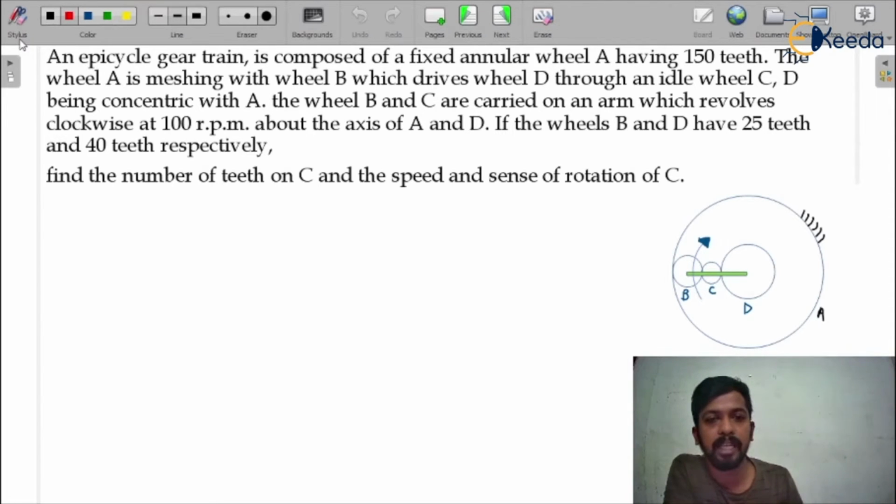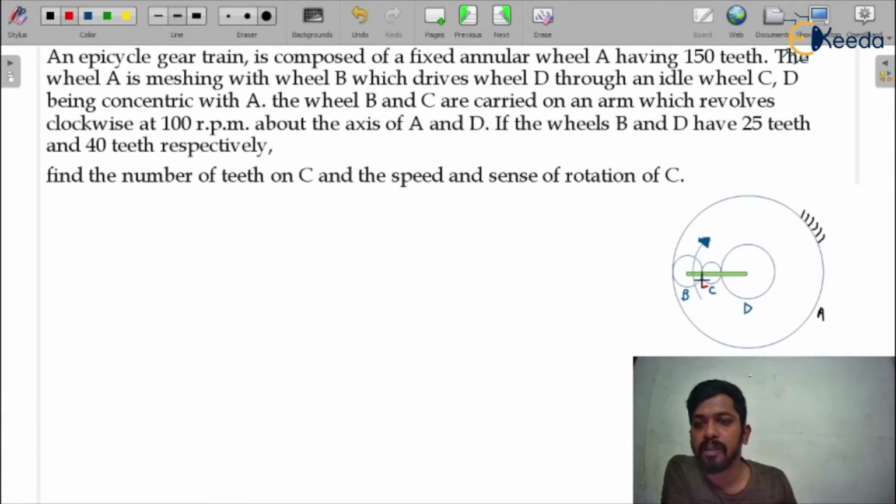So the wheel A is in meshing with the wheel B, which drives the wheel D through the idle wheel C. That means the annular gear, annular wheel A is going to rotate, it is in meshing with the gear B, and this gear B drives the gear D through the gear C, which is the idler gear.